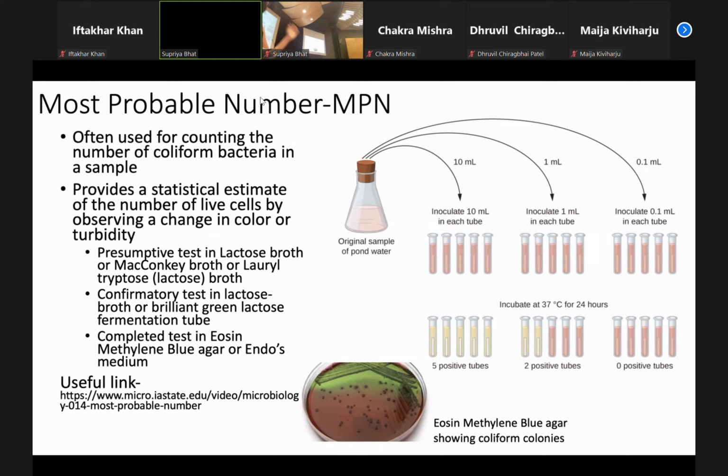And if you have growth, presumably you will have more positive tests in the tubes where you inoculated 10 ml, right?